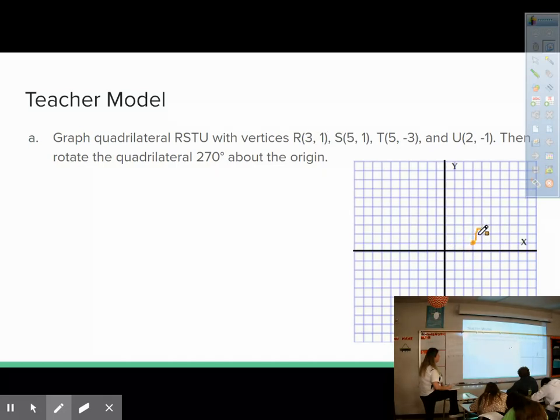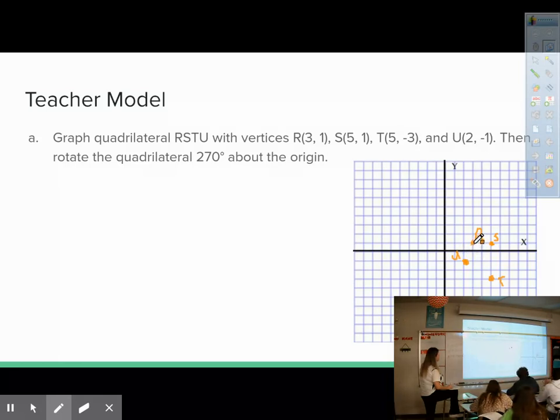So that would be R. S is to the right 5 and up 1 from the origin. T is to the right 5 and down 3 from the origin. And U is to the right 2 and down 1 from the origin.